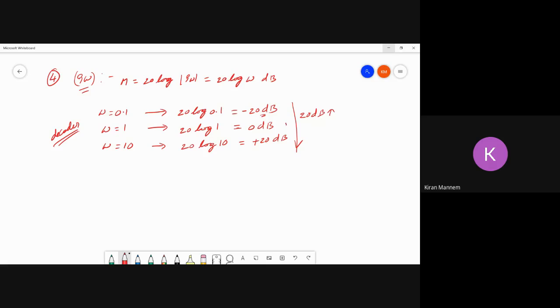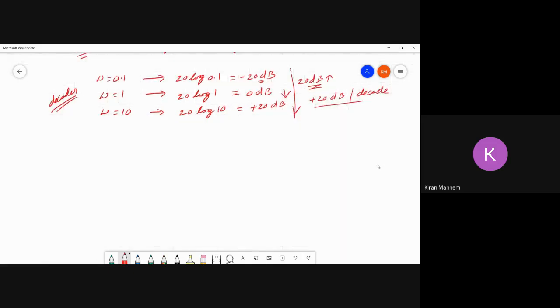Similarly, from 0 dB to 20 dB, there is a 20 dB increase. So I can say it is a plus 20 dB per decade straight line. This is the conclusion. So the magnitude graph is a plus 20 dB per decade straight line. Let us look at the board diagram for this magnitude.